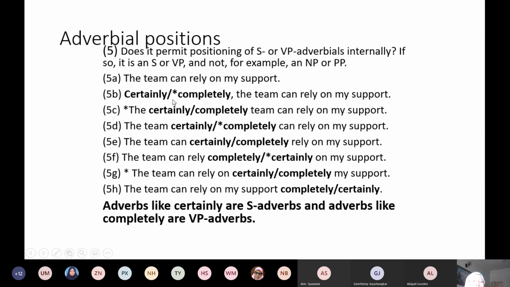We go through the example, but we noted that certainly can happen before the sentence, not completely. The certainly team can rely on my support, not grammatical. The completely team can rely on my support, not grammatical. So obviously, certainly, completely cannot happen with the.